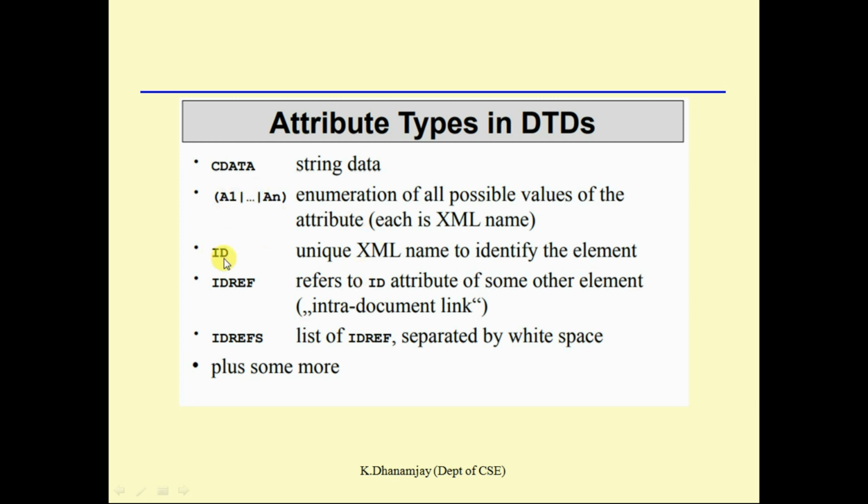You can use IDREF to refer to the ID attribute of some other element. For example, consider an employee ID. Now I want to find the salary of a particular employee, so I can call that ID. In a salary table and an employee table, both use ID reference, so you can use that type of thing. For that you can use IDREF.